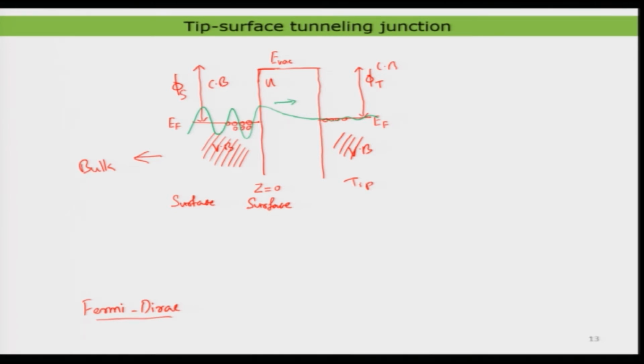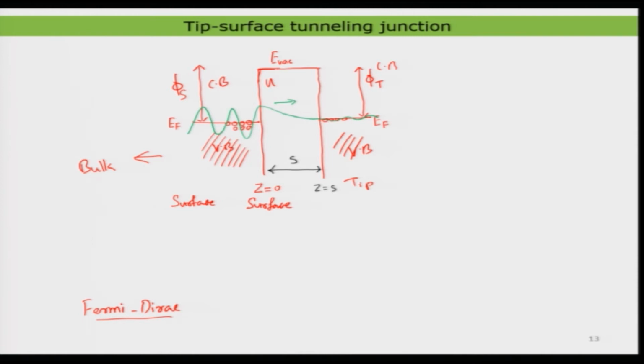Therefore, this distance between the tip and the sample, let us call it S for our convenience, at z equal to S. That S is quite important, because the so called tunneling probability basically defines the effectiveness of the tunneling.